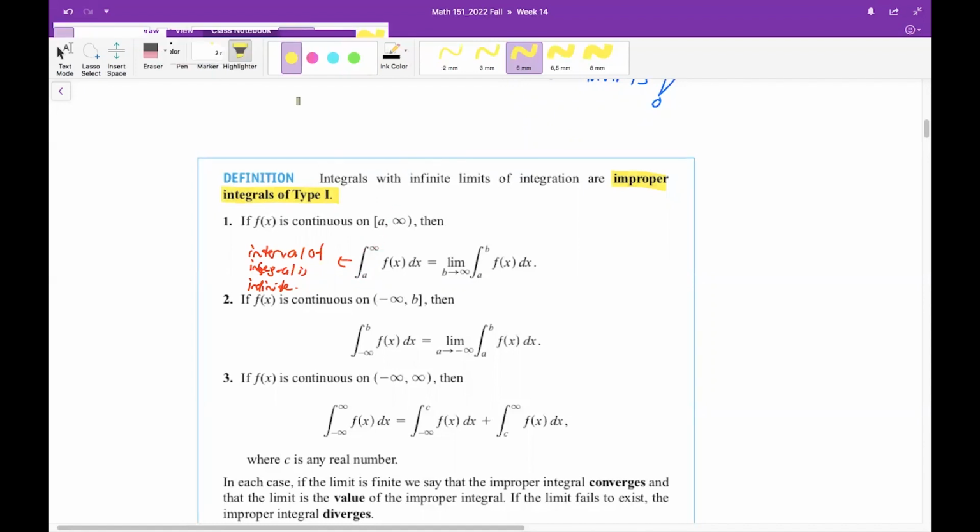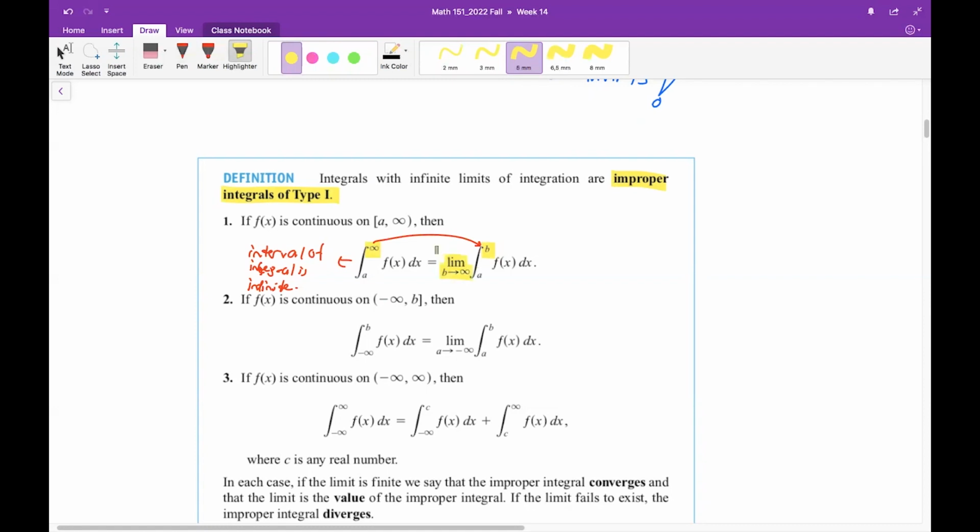So how do we handle the problem here? The problem is the interval being infinite, right? That's why we try to fix this problem by putting a finite variable, for example b, here for the problematic part. And then to make the right-hand side equal exactly to the left-hand side, you can just send b to infinity.